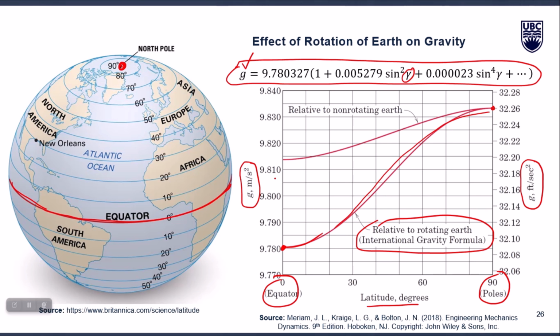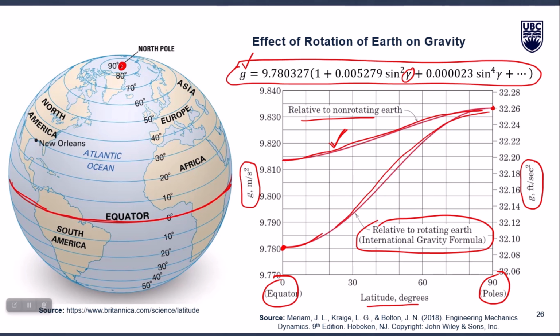There is another line which is relative to non-rotating Earth, the value of g when you don't consider the effect of rotation, and you can see that it is described by this line. And that line is also not a constant value. So even if you don't include the effect of Earth's rotation, the value of small g is not constant anywhere on the Earth. It depends on your location.